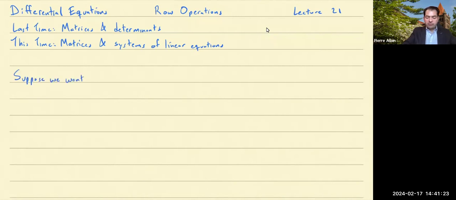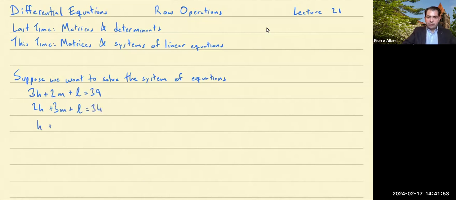Suppose we want to solve the system of equations given by 3h plus 2m plus L equals 39, 2h plus 3m plus L equals 34, and h plus 2m plus 3L equals 26.